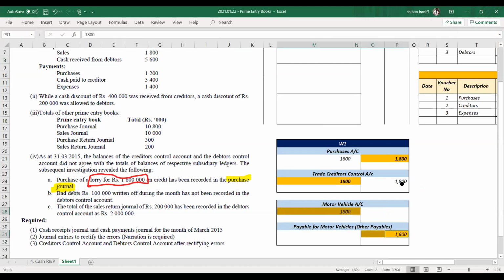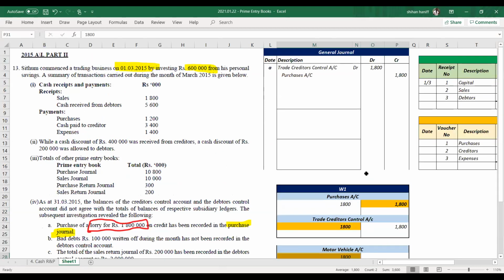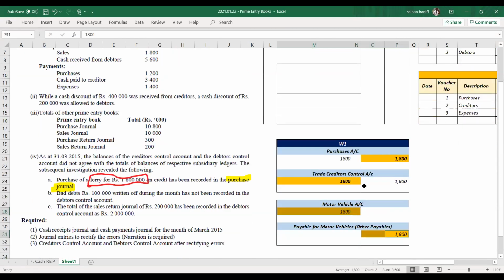So there are 4 entries required to correct this error. First, removal from the purchases and recording the correct entry of motor vehicle purchases.